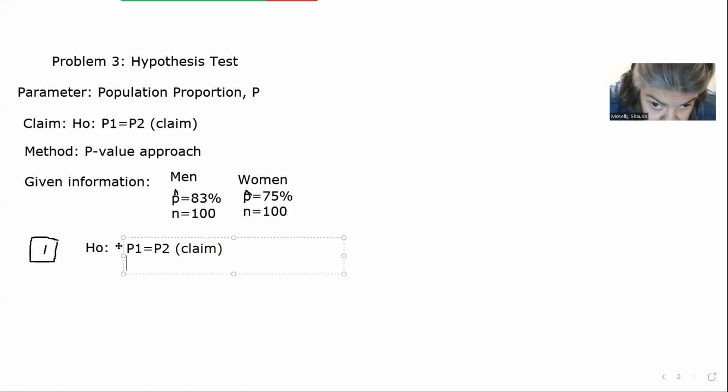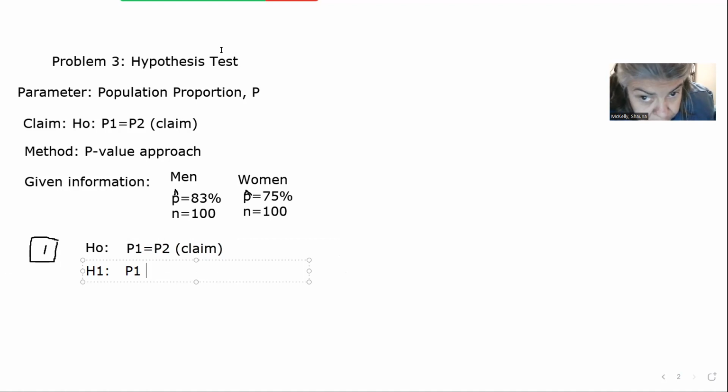And then H1 is going to be P1 is not equal to P2.